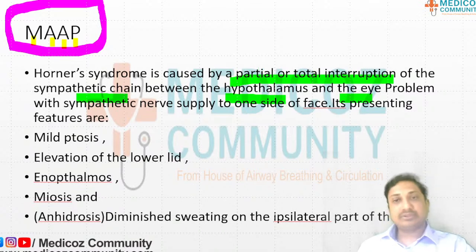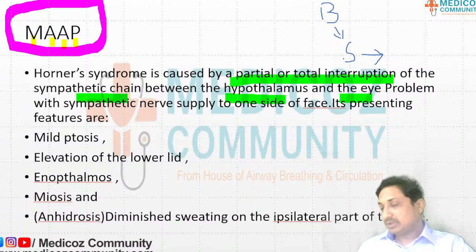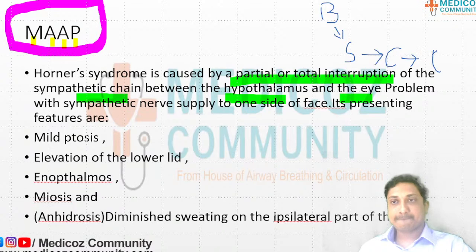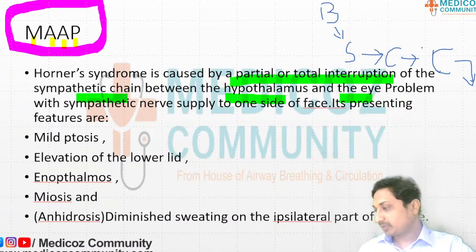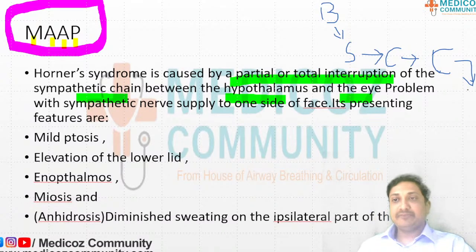The pathway goes from the brainstem, then to the spinal cord, then to the cervical sympathetic ganglia, then to the carotid artery, the adventitia of the carotid artery, then to the 7th and 5th cranial nerves.